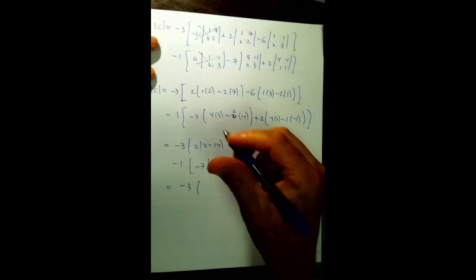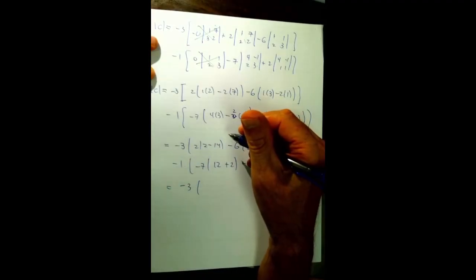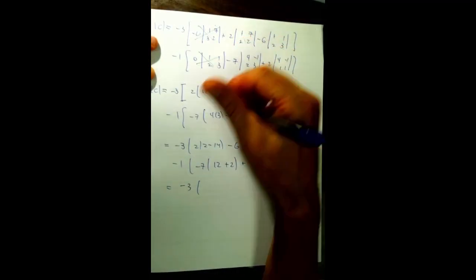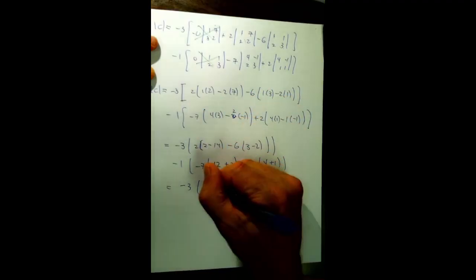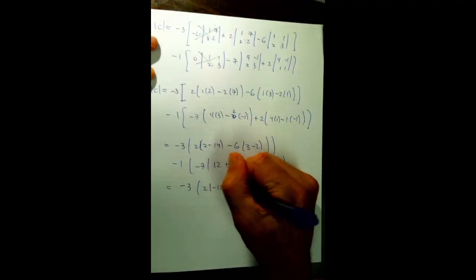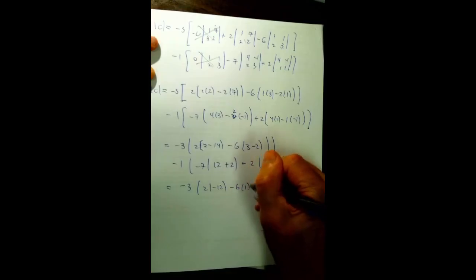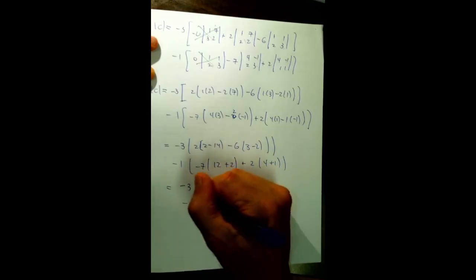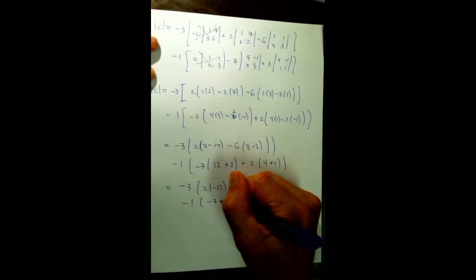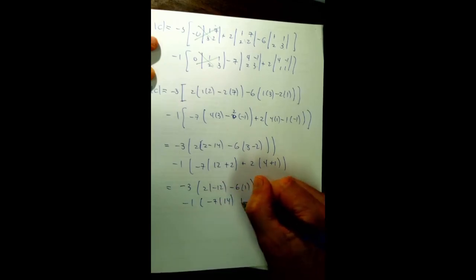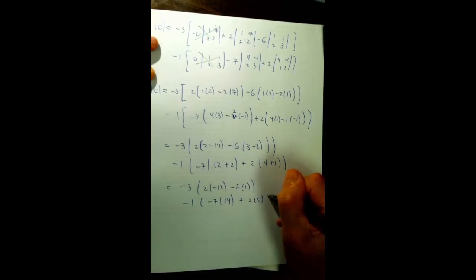So I have minus 3. I gotta be careful, that was a parentheses. So this becomes 2 times minus 12. Minus 6 times 1. This becomes minus 1. This is minus 7 times 14 plus 2 times 5.